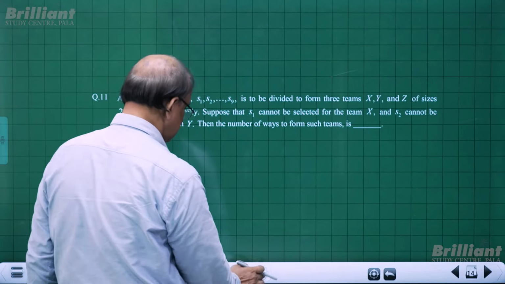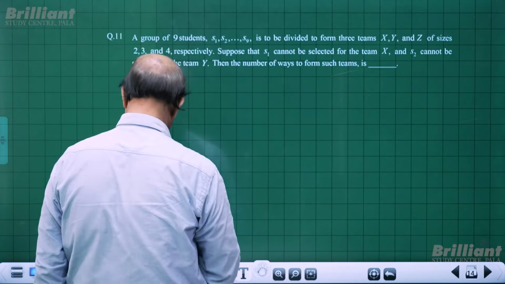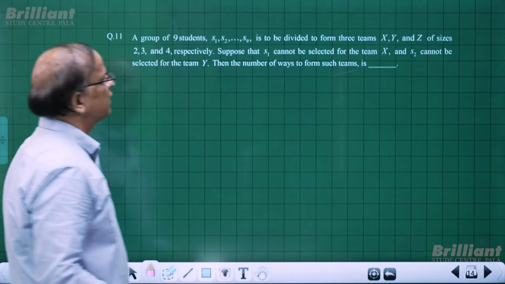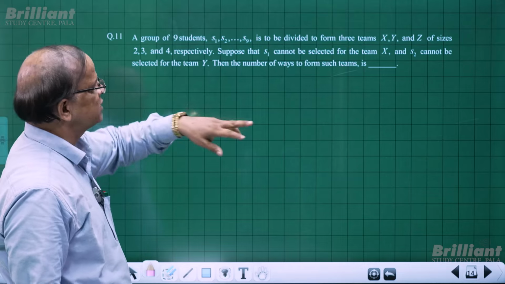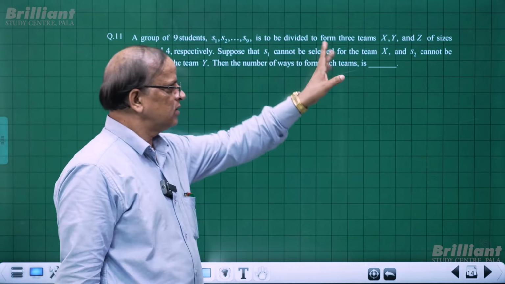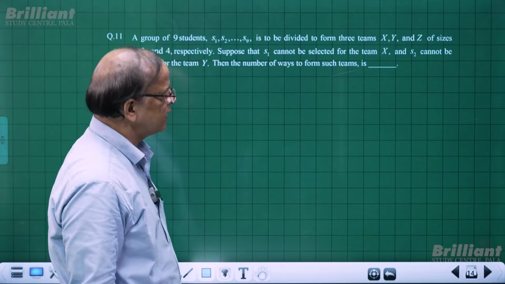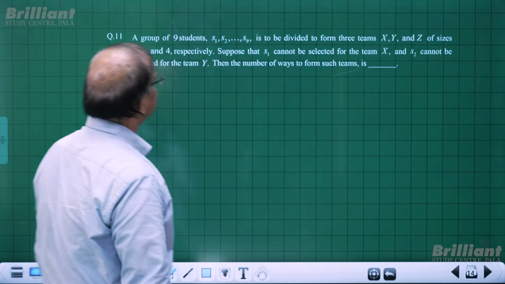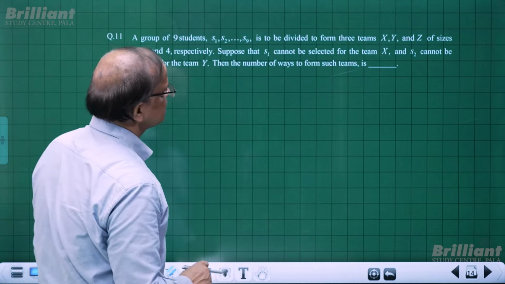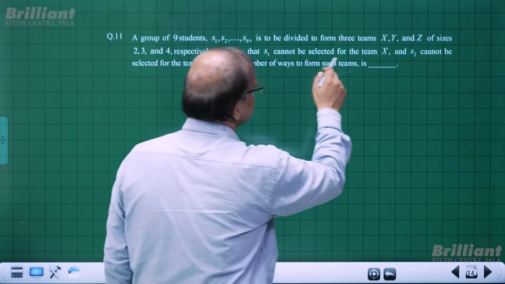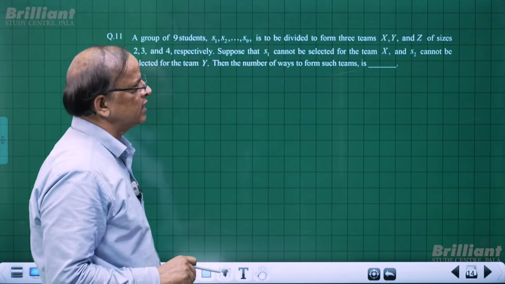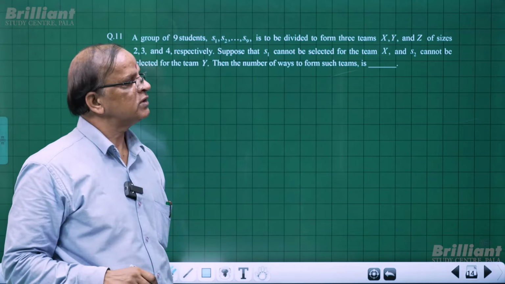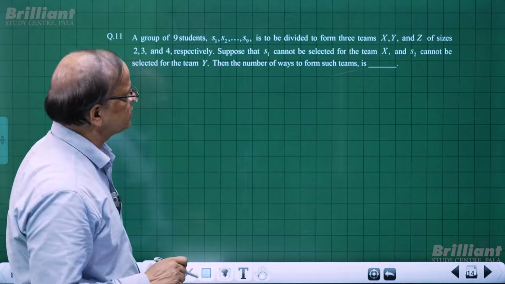So, now here what is that? This is a group of 9 students, S1, S2, S3, and so on, divided to form 3 teams X, Y, Z, right, of sizes 2, 3, 4 respectively. Suppose S1 cannot be selected for the team X and S2 cannot be selected for the team Y, then find the number of ways to form such teams.